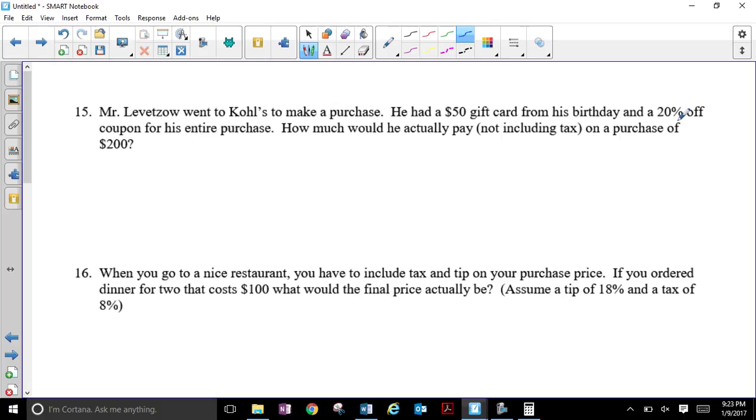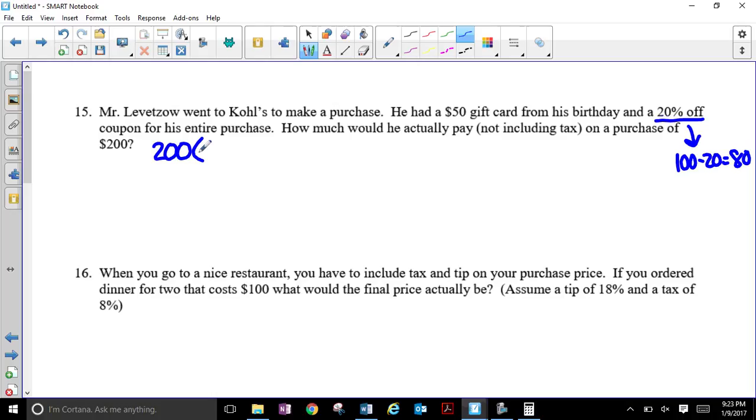Well, what they're actually going to do is apply that discount first, and then you pay with your gift card. Okay, so then he made a $200 purchase, and it says it's 20% off. So what I could do is 100% minus 20%, which means I'm going to pay 80% of that cost.